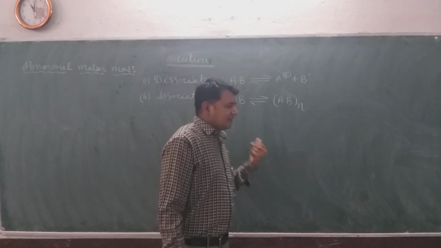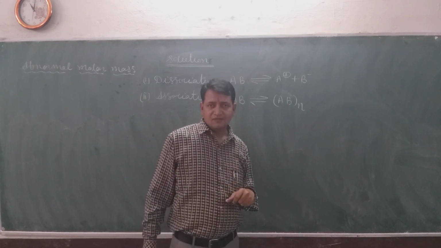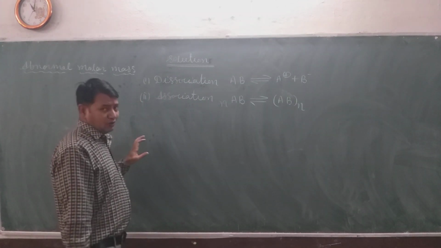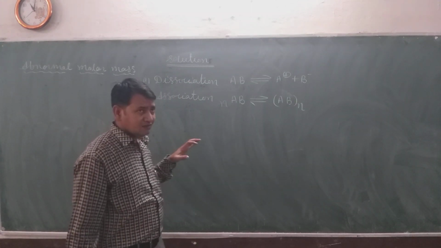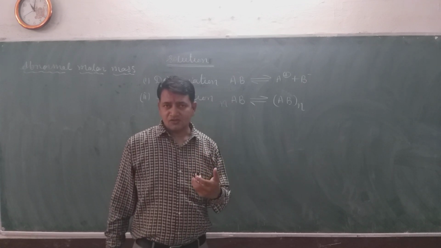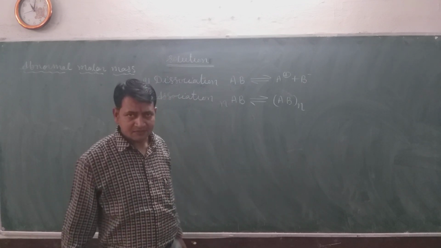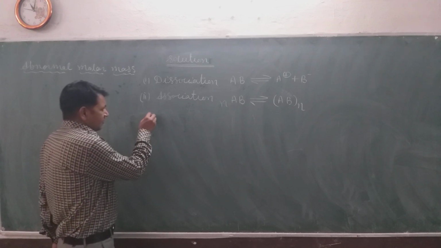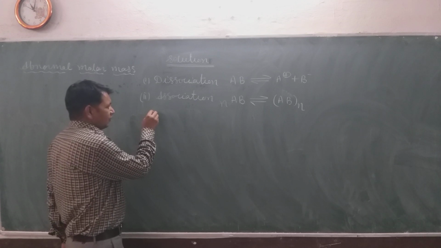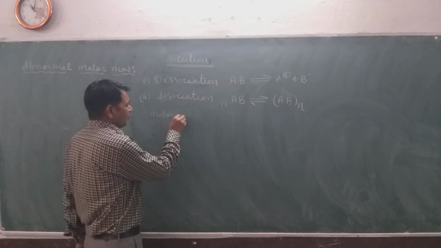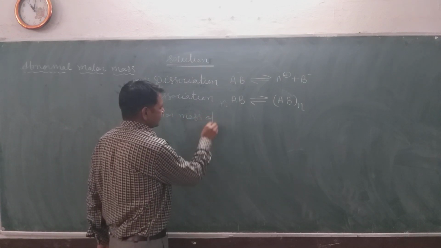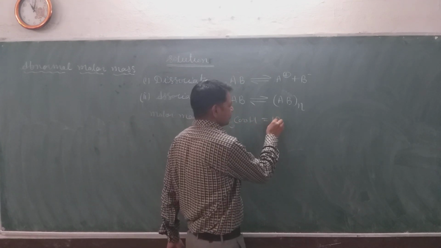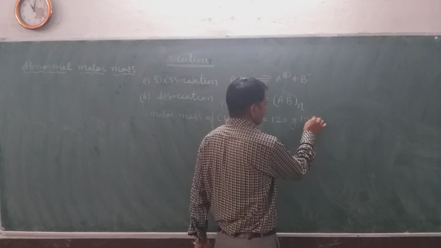Now, practically, how has this concept been found out? A scientist named Van't Hoff was studying the molar mass of acetic acid in benzene, and he was surprised that the observed value of molar mass of acetic acid that he found was 120 grams per mole.